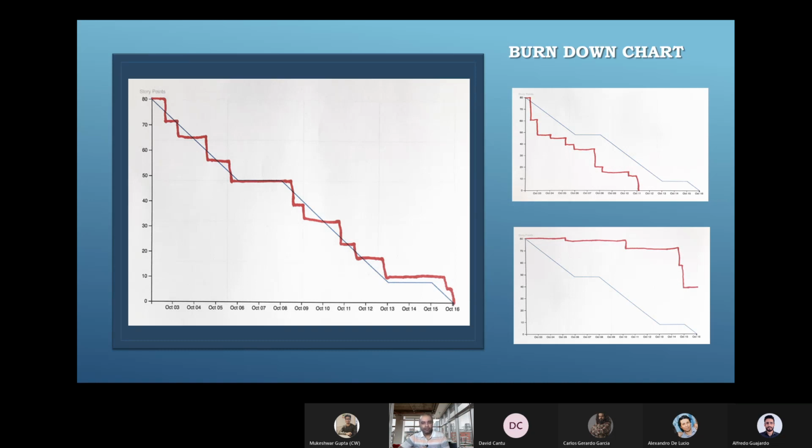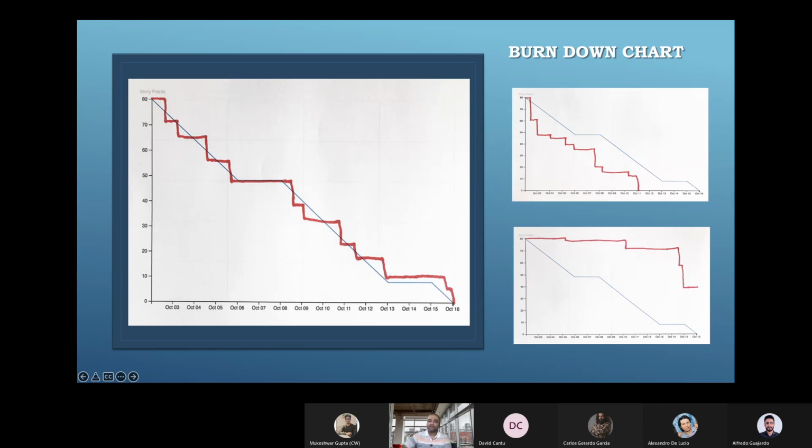Our team had more capacity, or more team members joined, or the story pointing whatever we did was not accurate, and that is the reason we were able to complete before that.